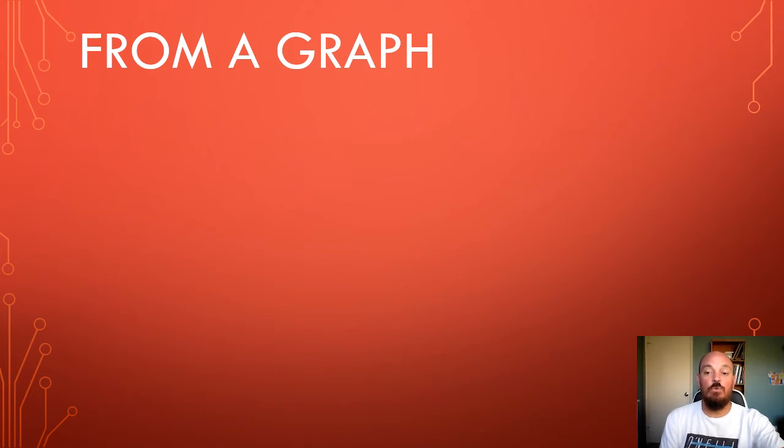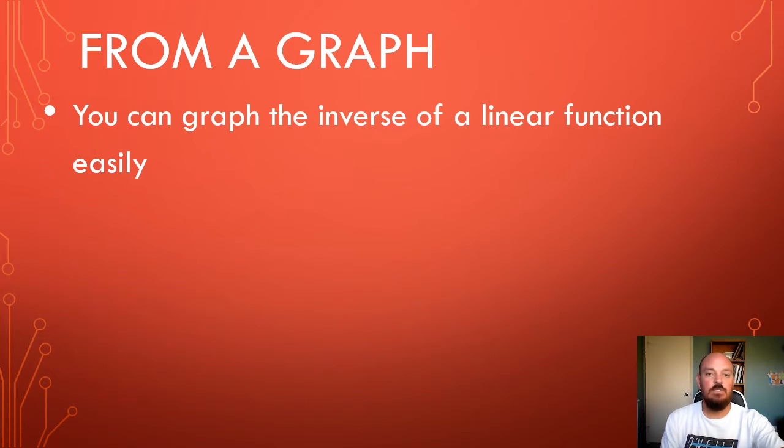Now, let's say we want to graph the inverse of a line. We're actually going to use the exact same concept. If I have a linear function, so that's all of Module 5, we've been talking about linear functions, lines. If you have the graph of a line and you want to graph its inverse, you can do that real easily, kind of using the same thing we just did with the XY table.